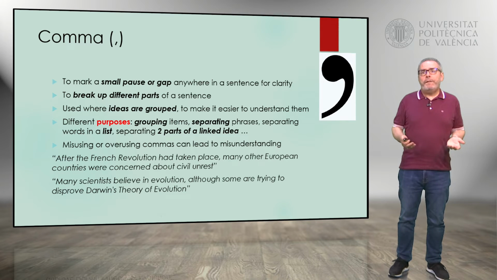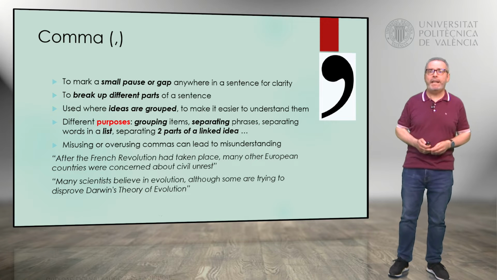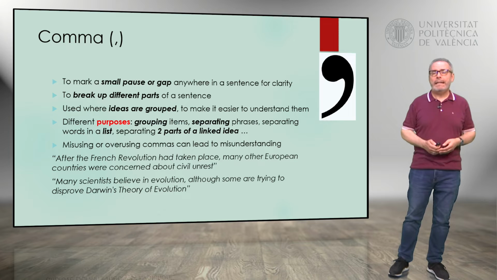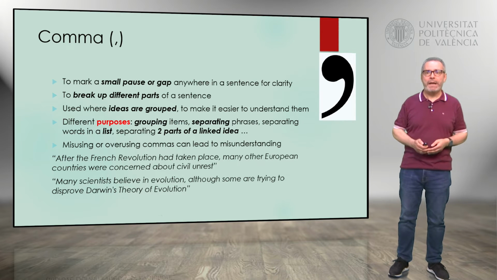It serves different purposes, such as grouping items, separating sentences or phrases, separating words in a list, for example, or splitting two parts of a linked idea. And the misuse or overuse of commas can lead to problems of misunderstandings or problems of meaning.